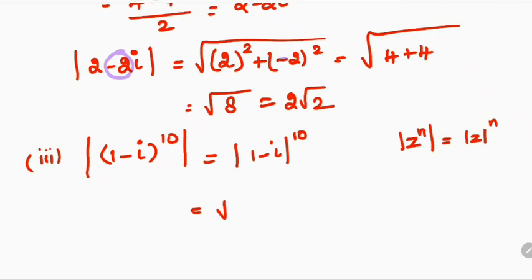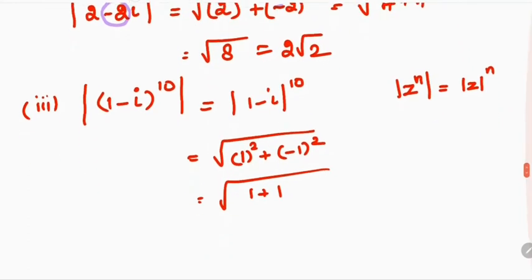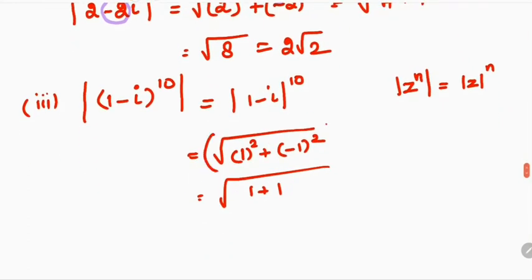So the modulus of 1 minus i is the square root of the real part, which is 1, so 1 squared, plus the imaginary part, minus 1 the whole square. That is equal to the square root of 1 plus 1, that is root 2. Here I missed something: you have to raise it to the power 10.